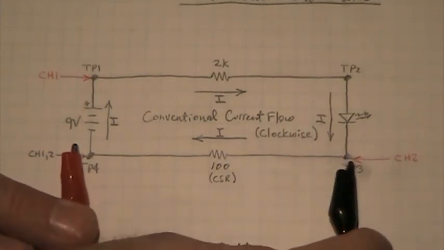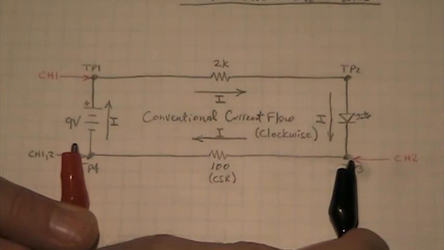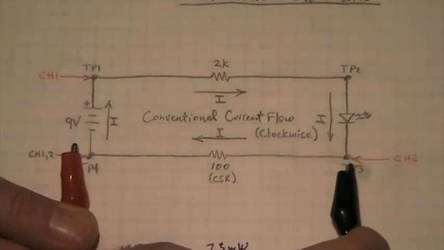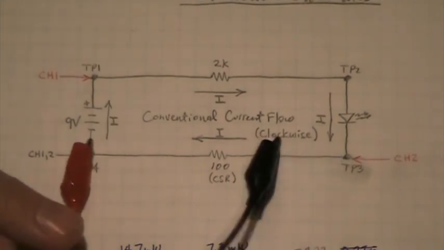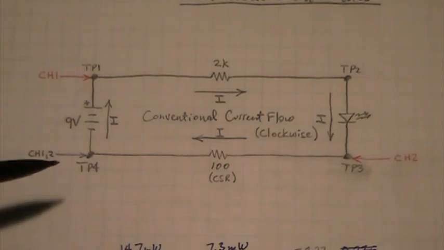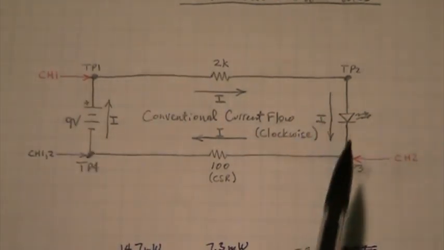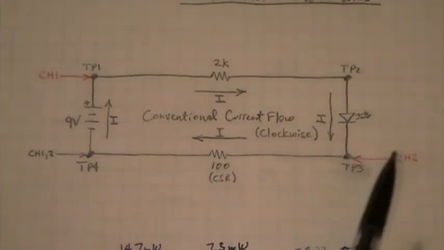But we know we can't do that because of the ground isolation problem. So we in fact have to invert our CSR probe when we're making oscilloscope power measurements. So it's not a big deal. We can deal with it as long as we are aware that our current channel is actually inverted.